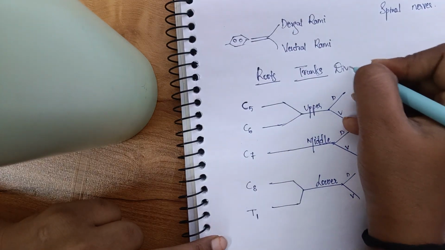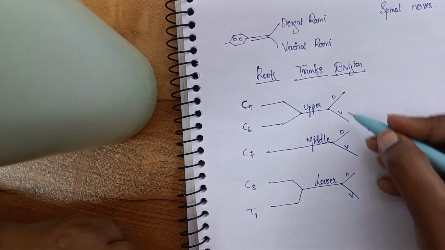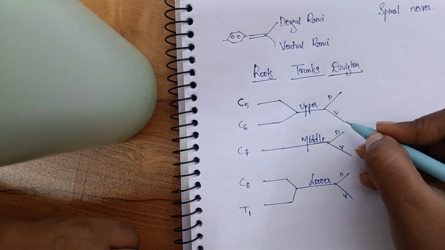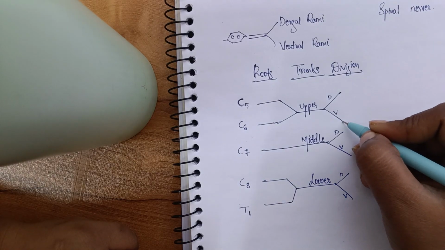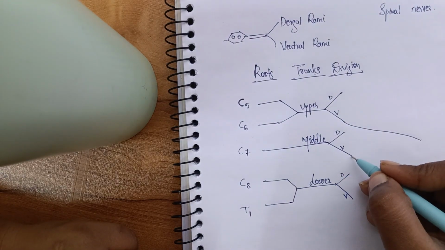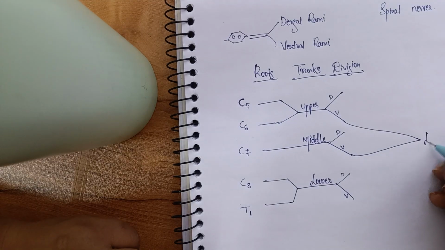These are the divisions. First we'll deal with the ventral divisions. The ventral division of the upper trunk and the ventral division of the middle trunk combine to form the lateral cord.